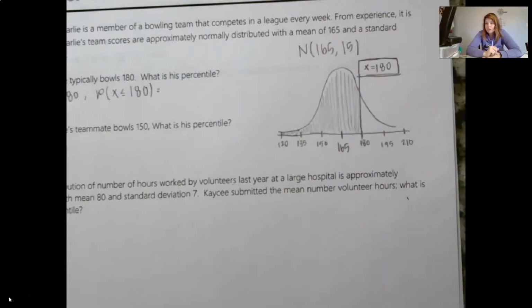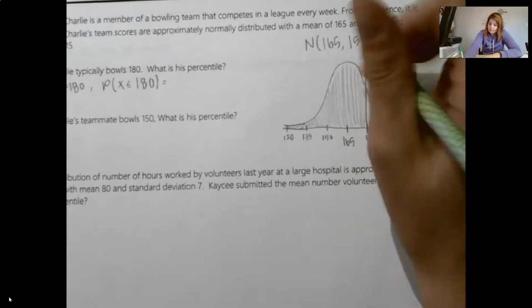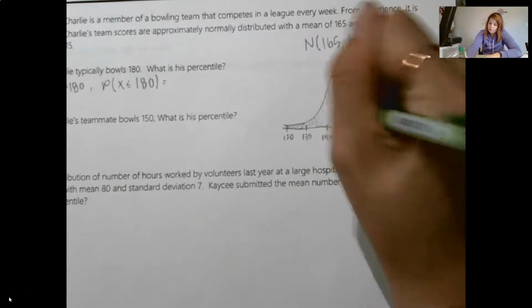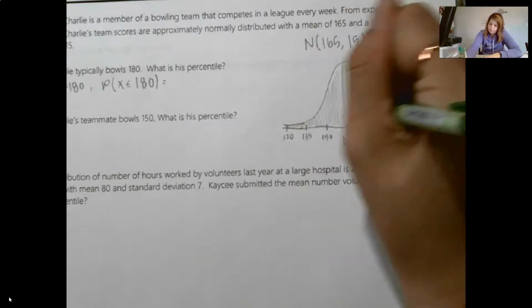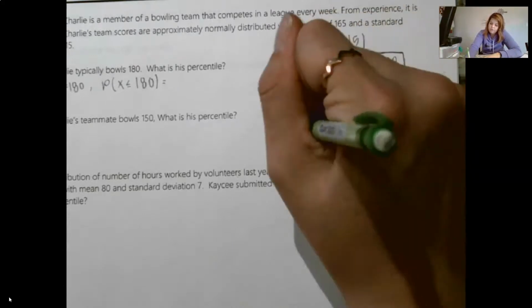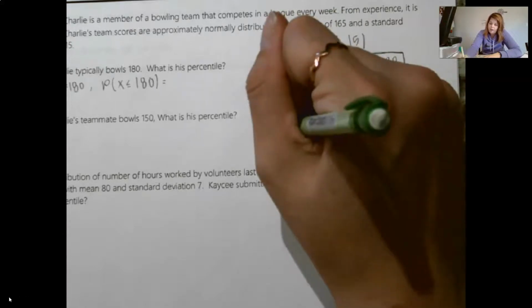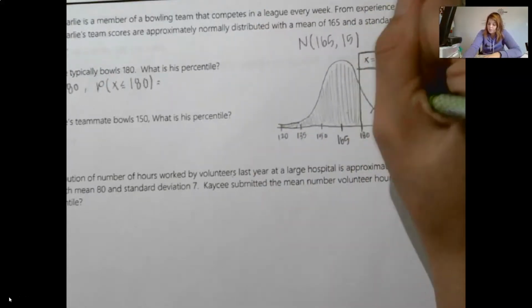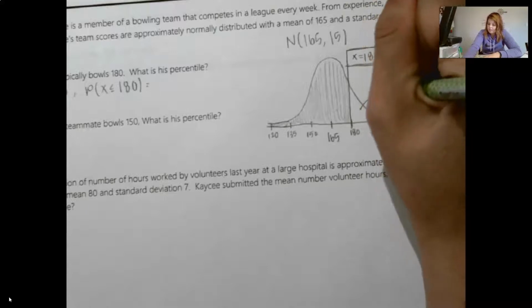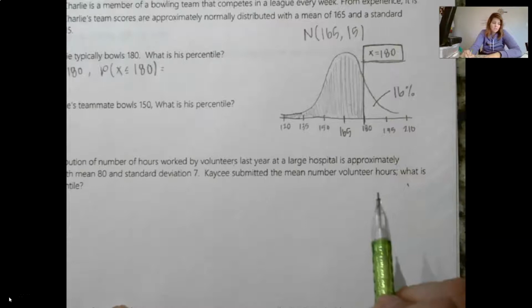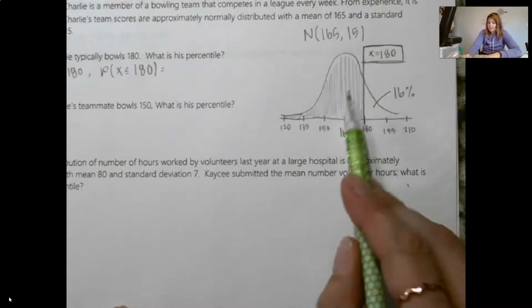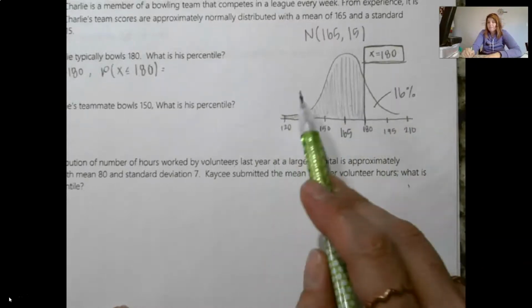Well, we know from our cheat sheet that this is 34, 34, 13.5, 2.35, and 0.15, or I at this point just have memorized that above the first standard deviation is 16%, which means that below is 84%.